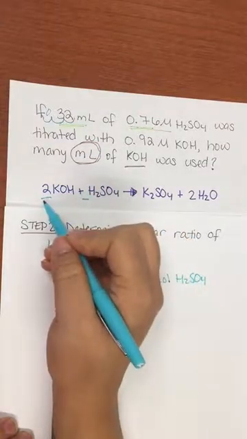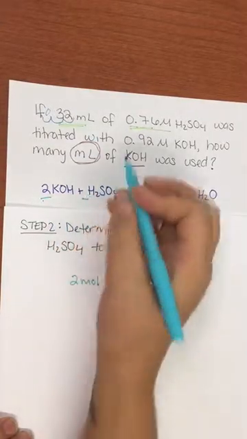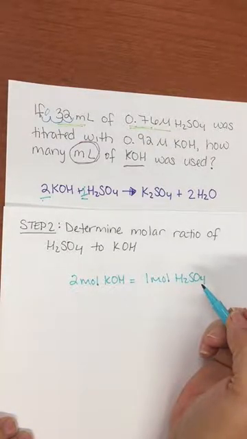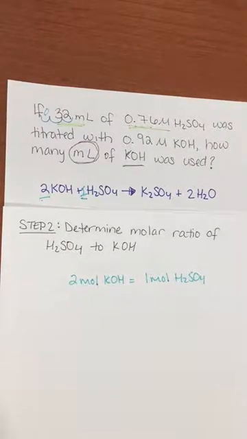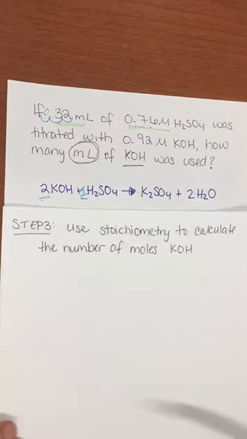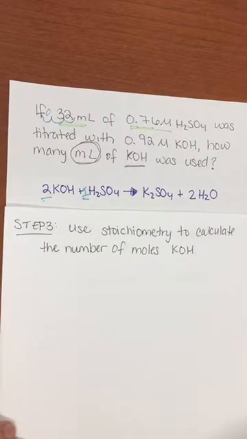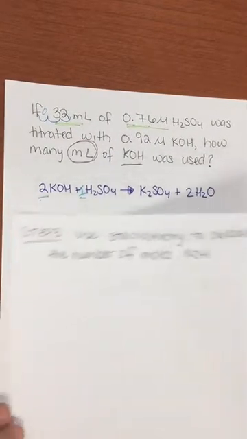And again, that was found by looking at the coefficients in the balanced equation. Once I have that molar ratio, I can calculate using stoichiometry how many moles of KOH.